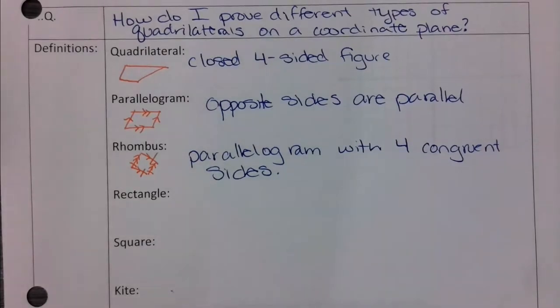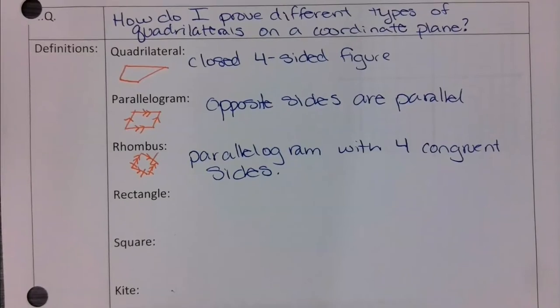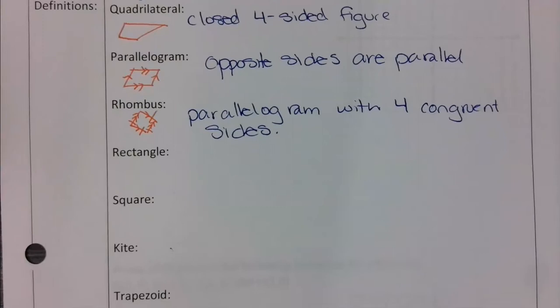It's got the parallelogram lines and then the tick marks to show the side lengths are congruent. So it's like the parallelogram arrows, and then the lines for congruent.